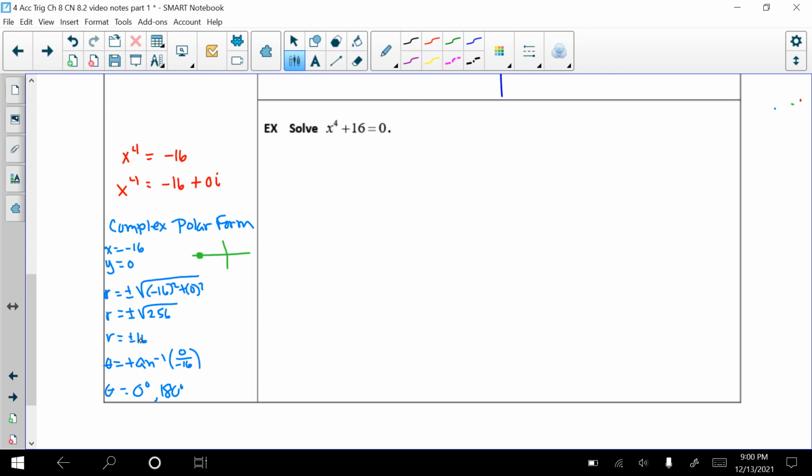So when I'm picking my r value and my theta, I want that to land in that exact same position. So I'm going to use 16 cis. I'm going to have to pair that with 180 degrees. 180 degrees will make me get to the correct location. Positive r value will allow me to stay there. Okay, so 16 cis 180 degrees.